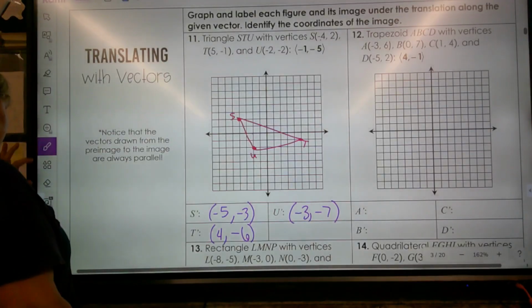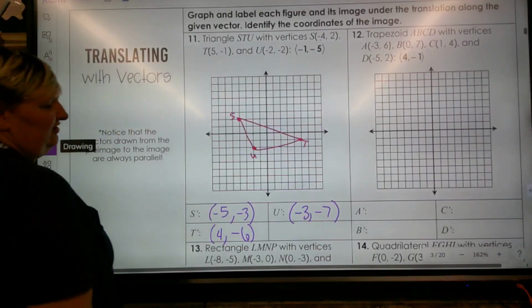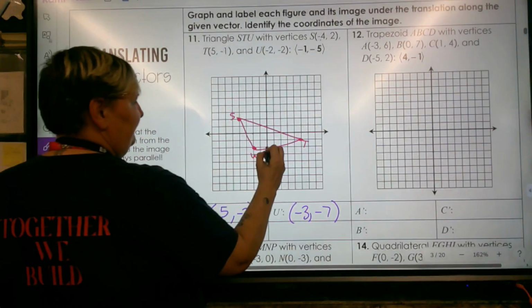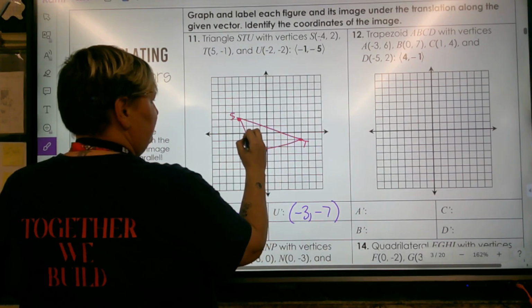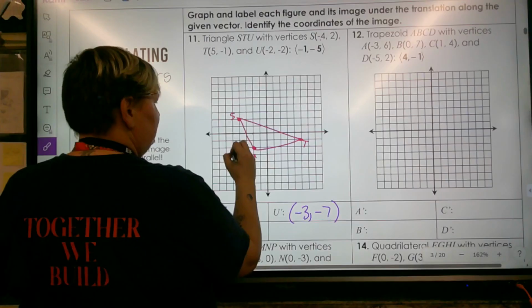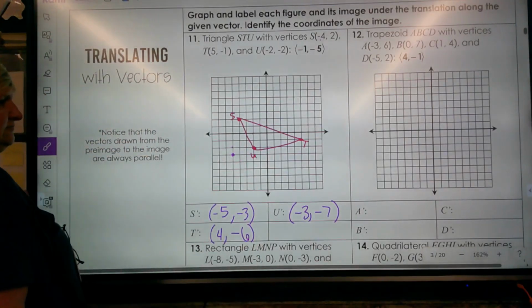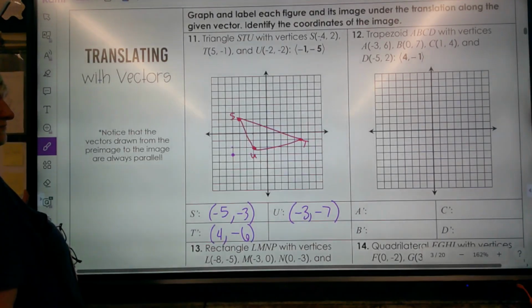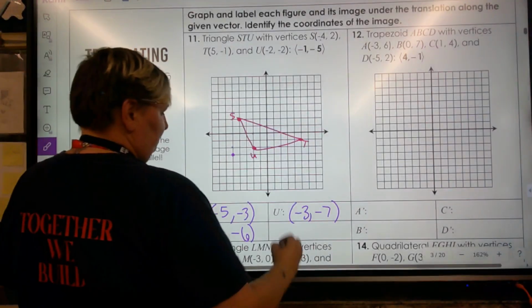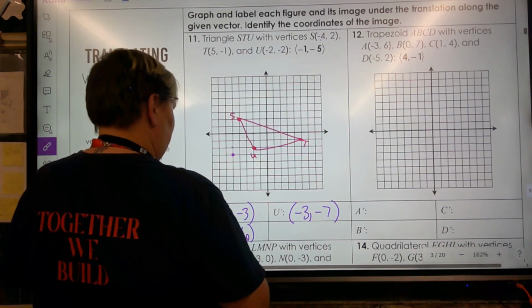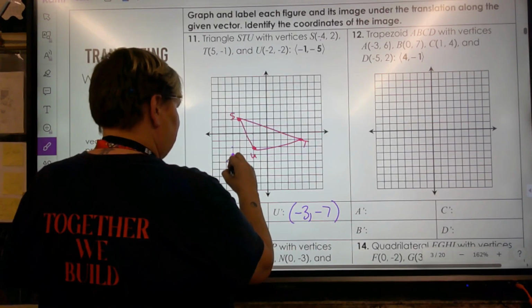Told you, triangle. Now let's do the new one in a different color. S prime is -5, -3. 1, 2, 3, 4, 5. 1, 2, 3. And that's S prime.